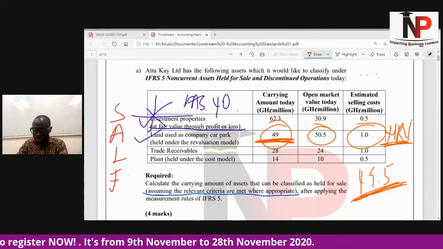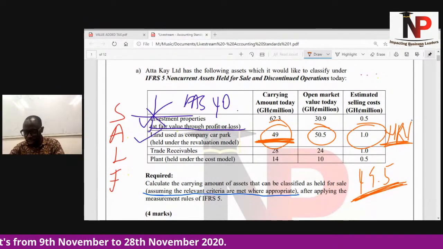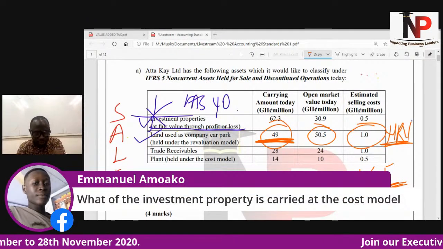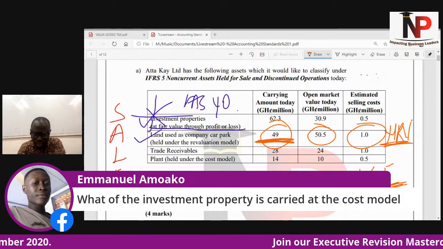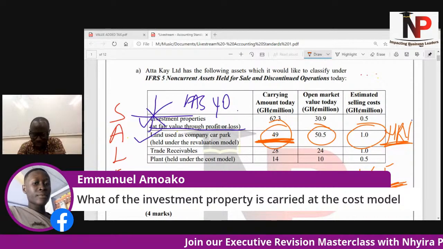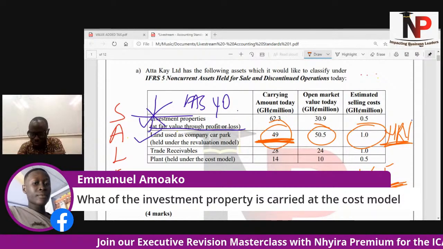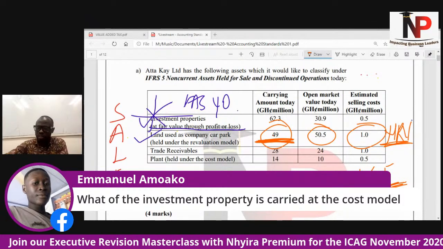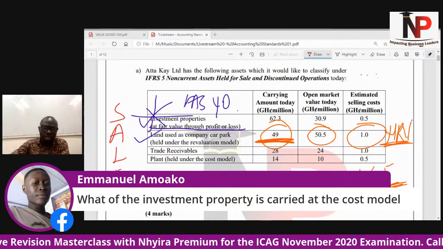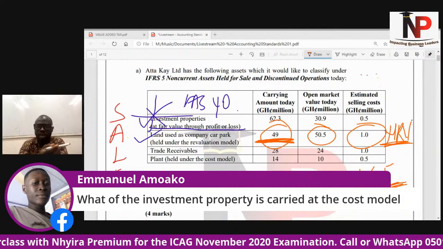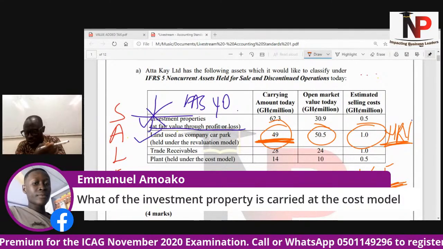Now I see some questions coming in. Let me look at them real quick. Emmanuel asked, what if the investment property is carried at the cost model? We are not even told what they are using. It's being carried at fair value through profit or loss.